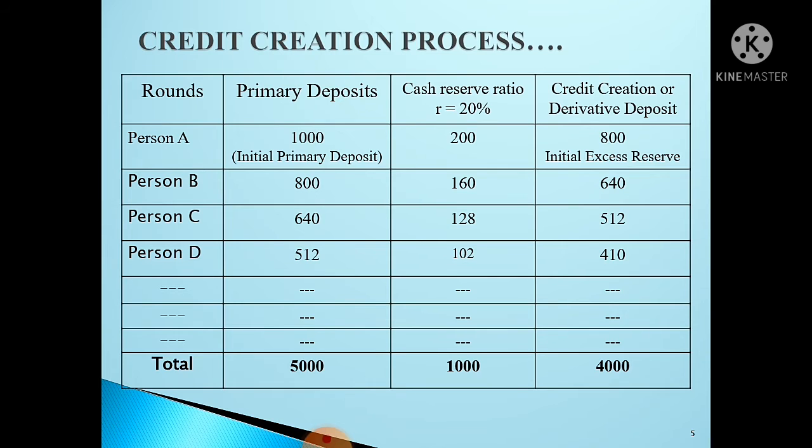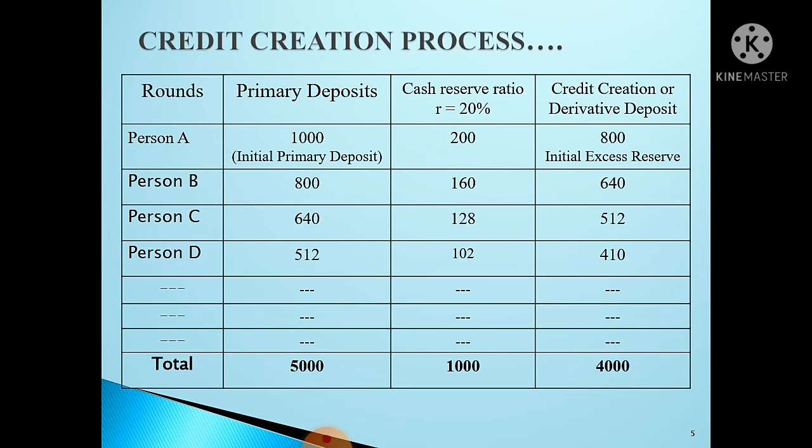If person A deposits rupees 1000 with the bank, the bank does not keep the entire cash in reserve, but only 20% of it to meet the day-to-day cash demand. Thus, after keeping rupees 200, that is 20% of rupees 1000, the bank lends the remaining rupees 800 to person B by opening a credit account in his name.